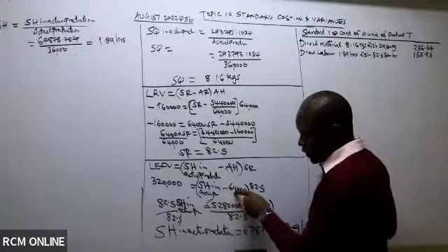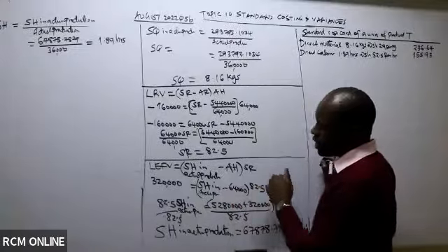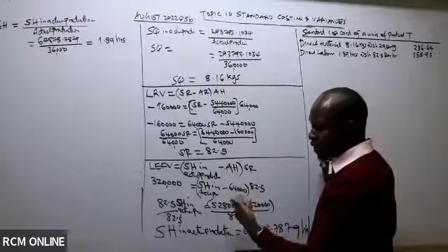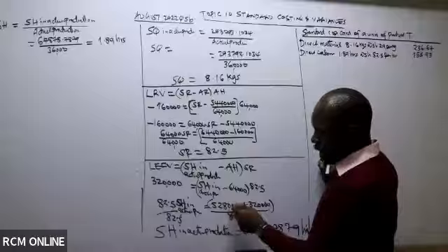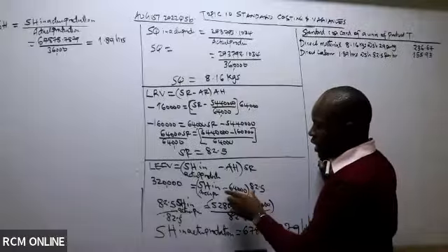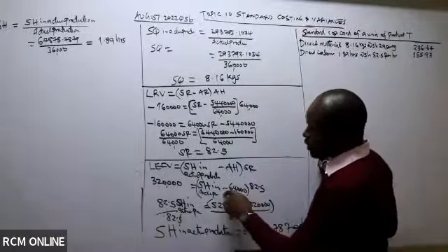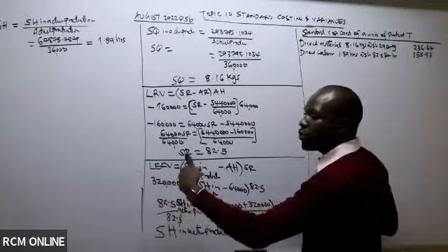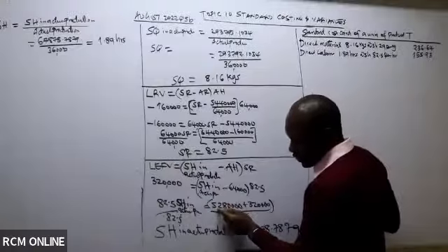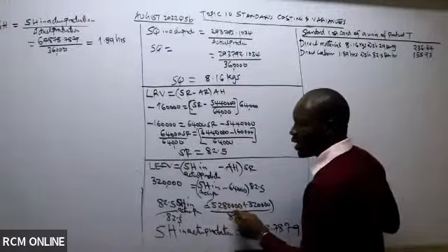Negative 64,000 times 82.5 will give us negative 5,280,000. Negative 5,280,000 is crossing the equal sign to this side. What will it be? It will be a positive.